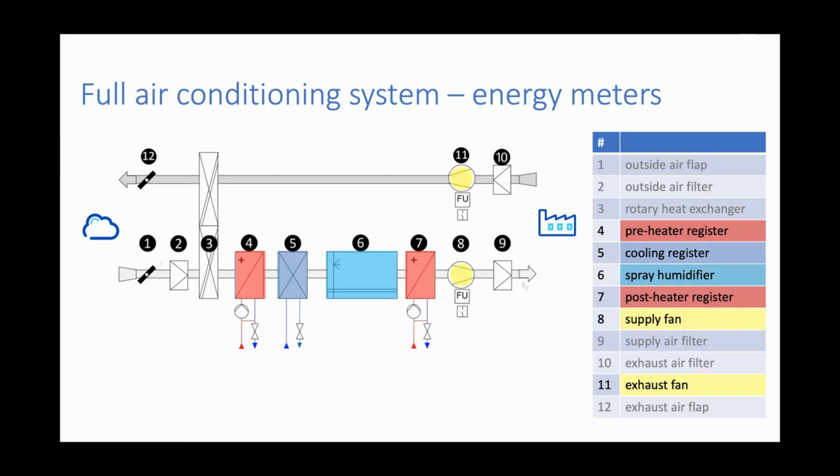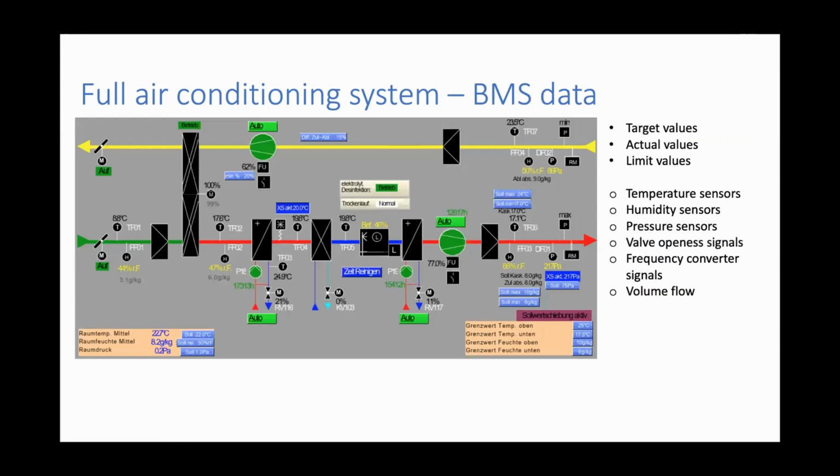Besides the energy meters, we have a lot of BMS data, like target values, actual values, and limit values for the different temperature and humidity sensors. We have valve openness signals. We have the volume flow of the system. The thing is that actually nobody in the company uses the data to do something.